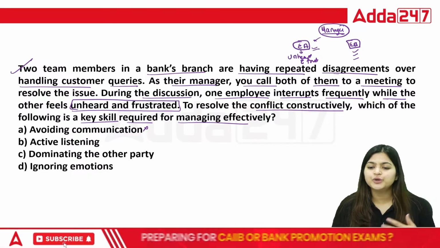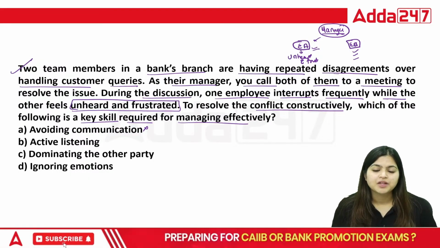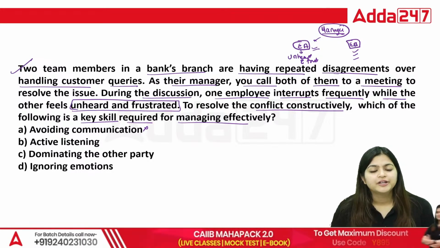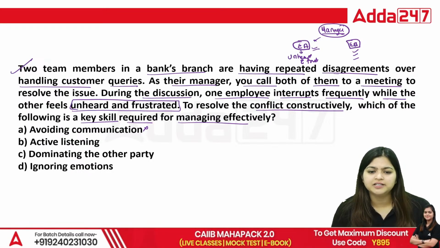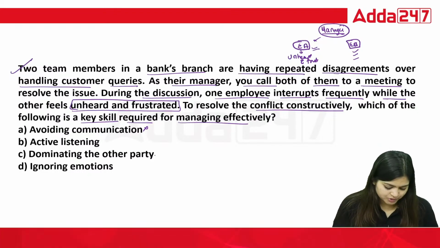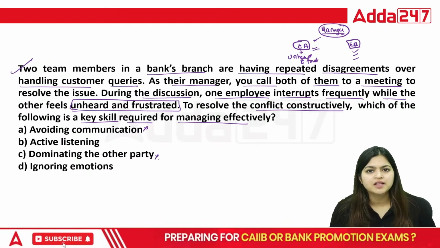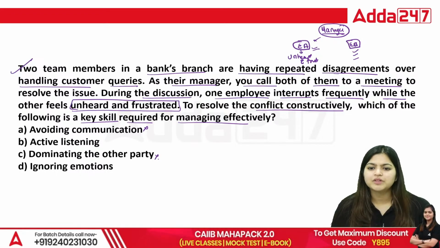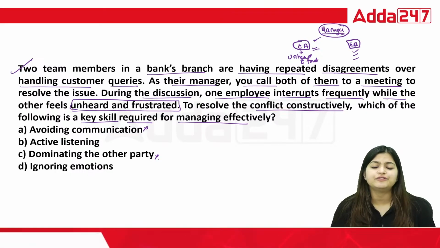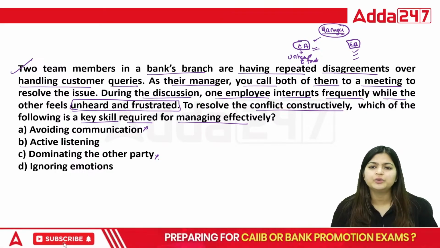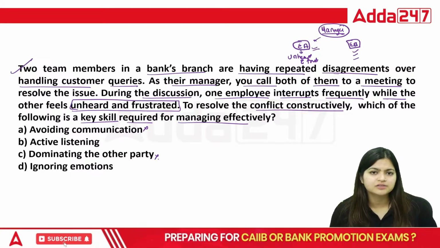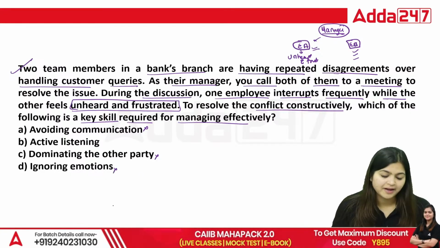No. If you support only one party, the other party will again feel unheard and frustrated. Ignoring emotions? Employee A is not heard and is continuously feeling frustrated, so are you going to ignore that person's emotions? No, that is also not the answer.